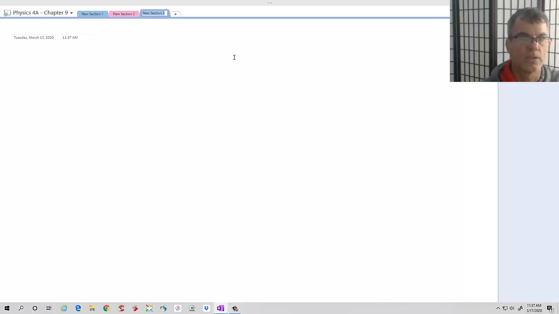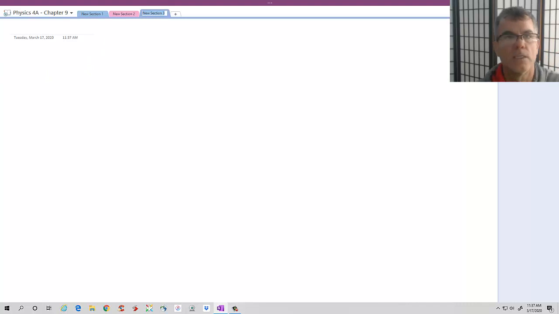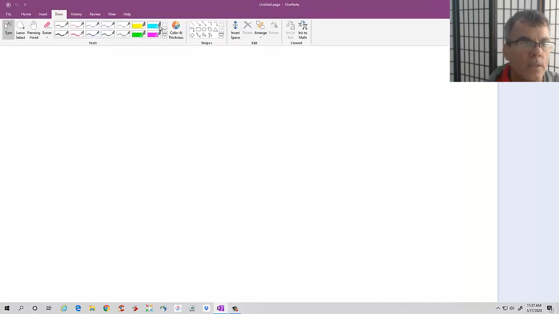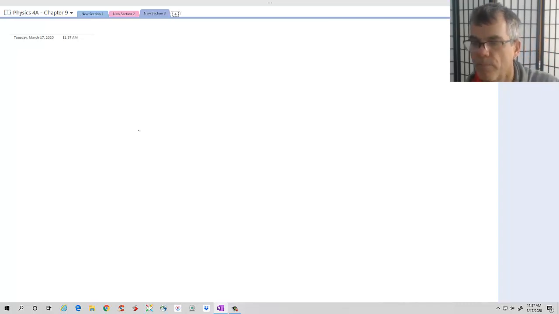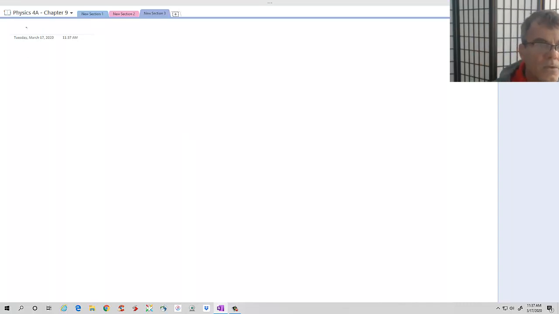Well, let's look at unit vectors. Remember, our unit vectors are, oh, got to change it back. Try and wrap this up soon so it's not too long. Unit vectors are, remember, i is a unit vector pointing in the x direction, j, unit vector pointing in the y direction, k is a unit vector pointing in the z direction.